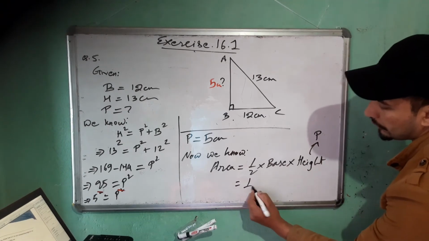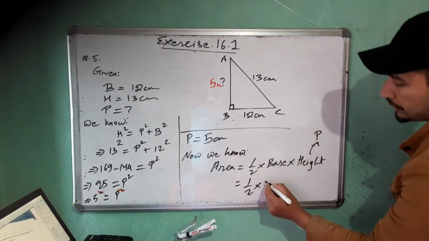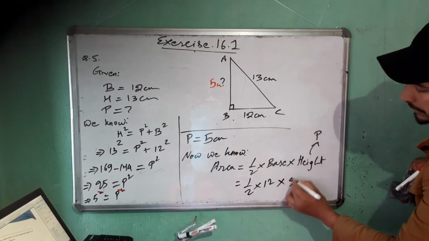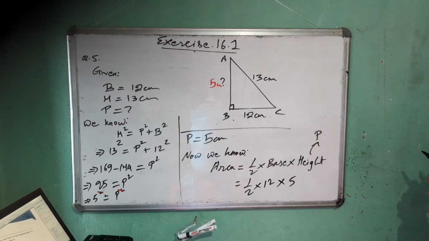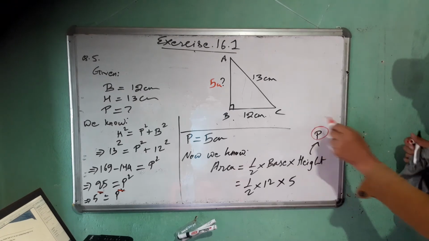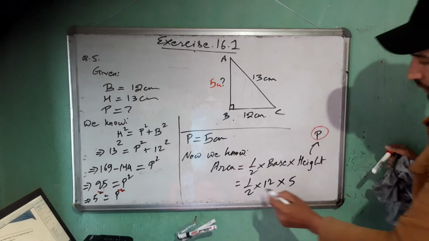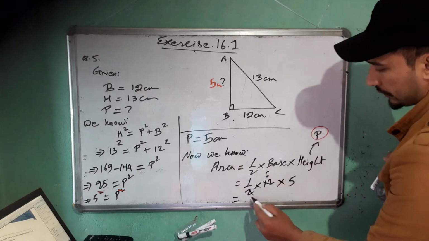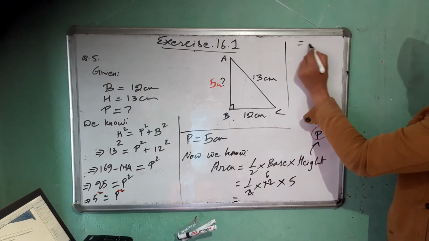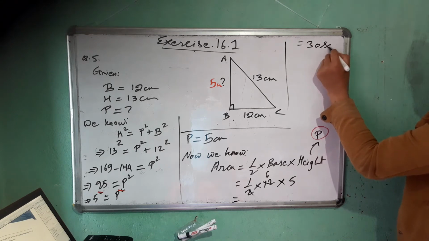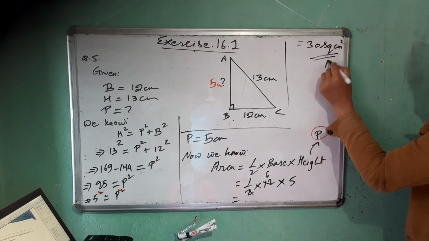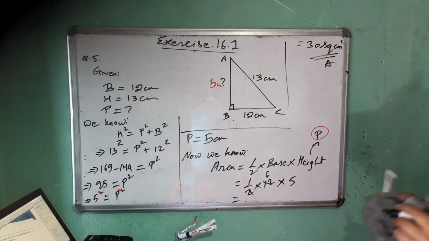So half into base is how much? 12 into height, we have got 5. Height means perpendicular, remember this. So 2 1 2, 2 6 12, 6 5 30. Answer is 30 square centimeter. This is your answer. Now you have to find the perimeter also.